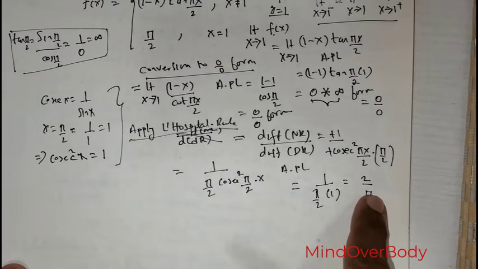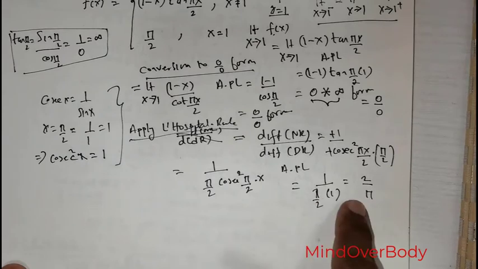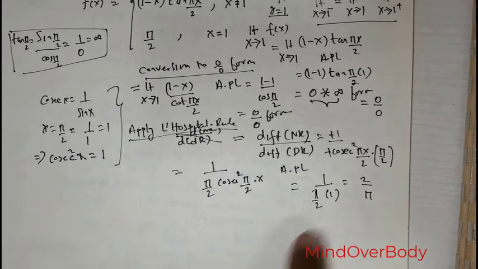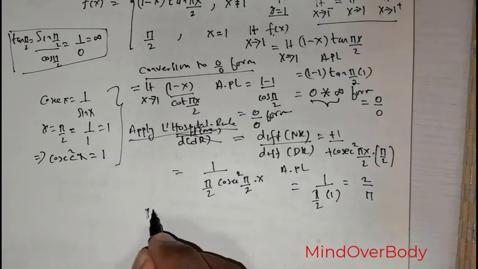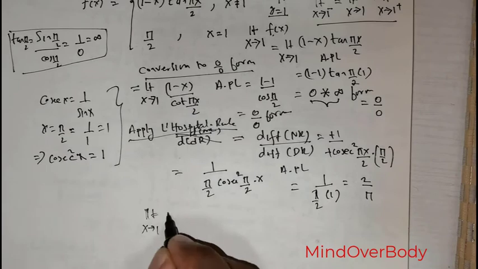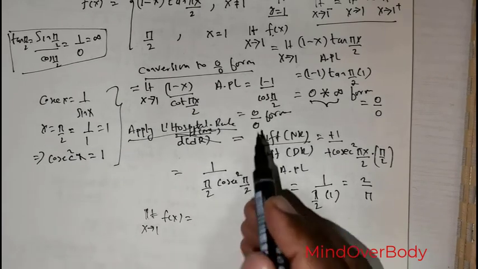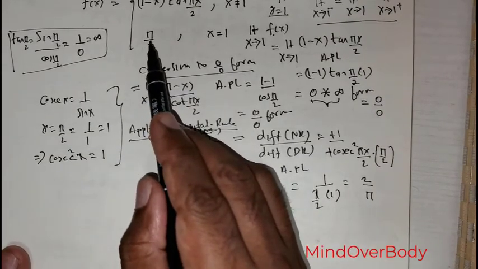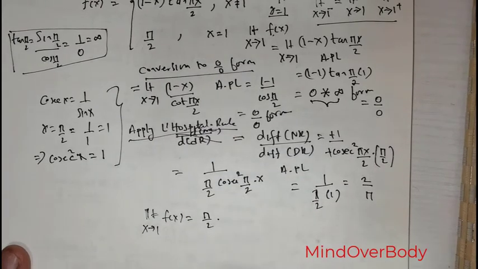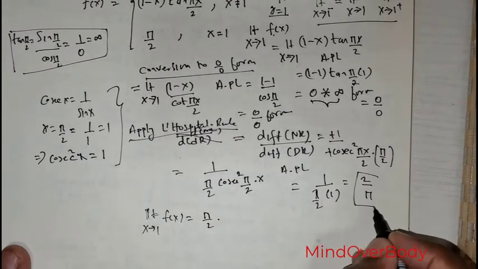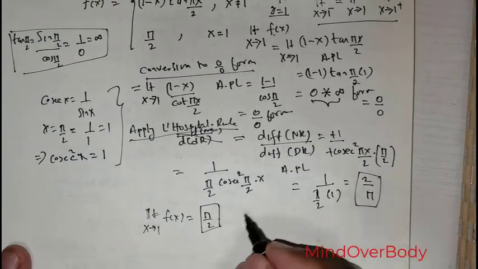So what is the meaning of this? This means the left hand limit and the right hand limit are one and the same, thereby the limit exists. But just to look at the functional value, the limit as x tends to 1 of f(x), what is given? Let's go back to the question. It is given to be π/2. So clearly these two don't agree. This and this, both of them, they don't agree.